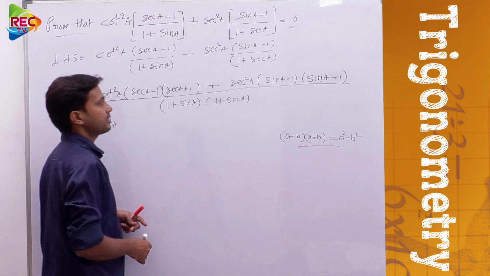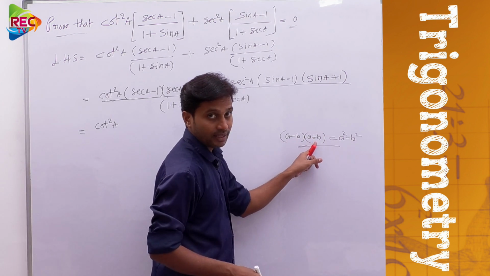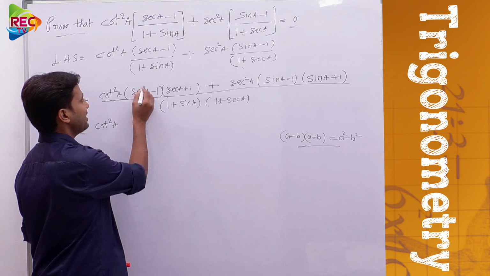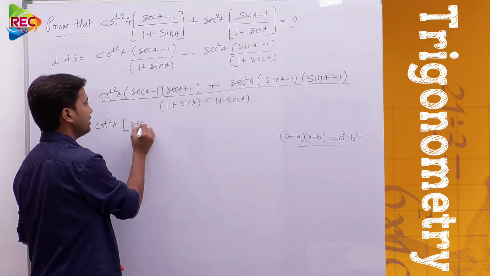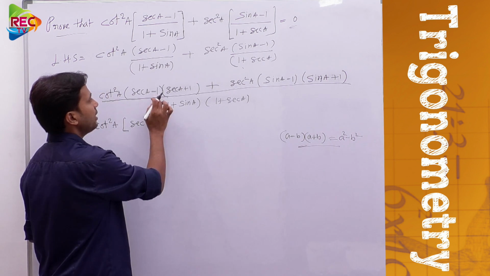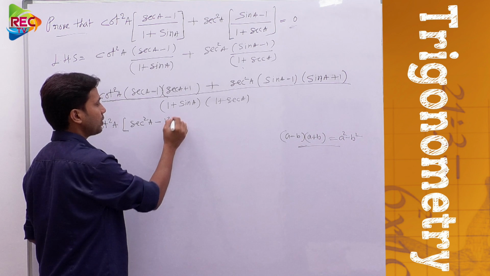Here a is secant A, so we can write it as secant square A minus 1 square.